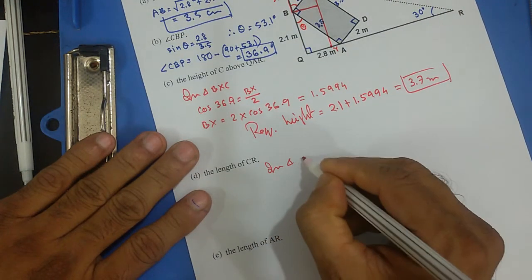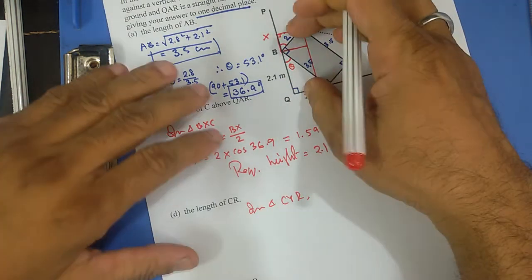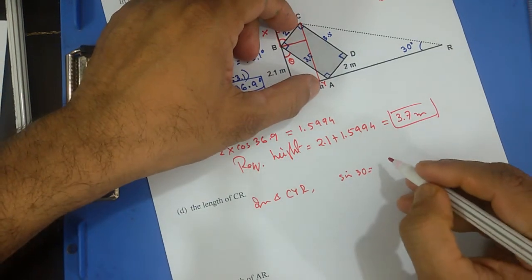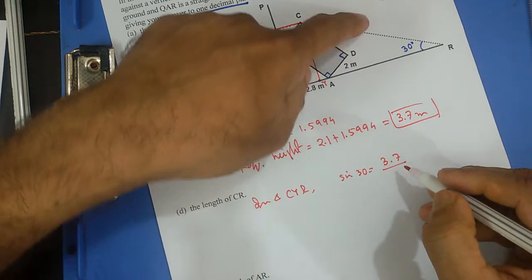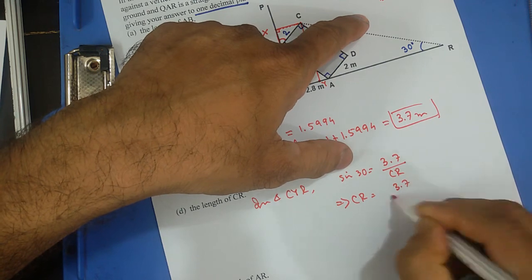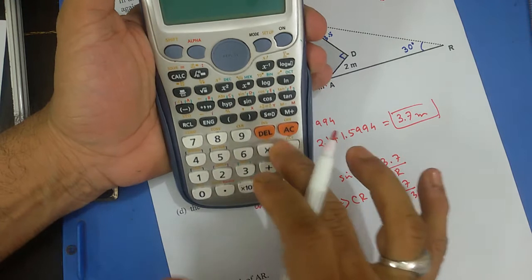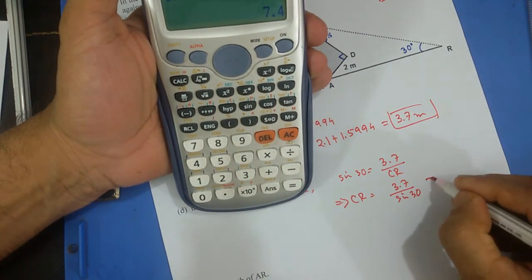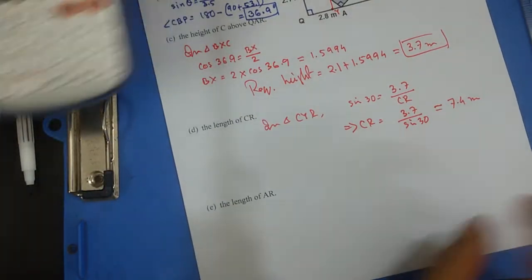In triangle CYR, opposite over hypotenuse, so sine 30 equals CA. CA is given as 3.7, and I need to find CR. Therefore CR is going to be 3.7 divided by sine 30. Sine 30 equals half, so I get 7.4 meter. So this one is done.